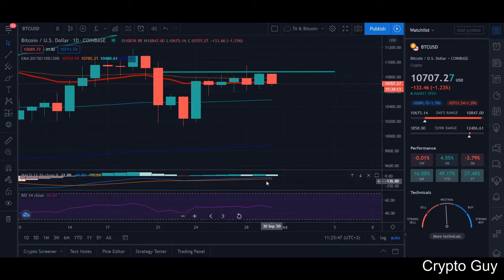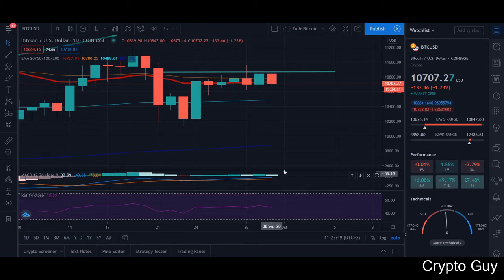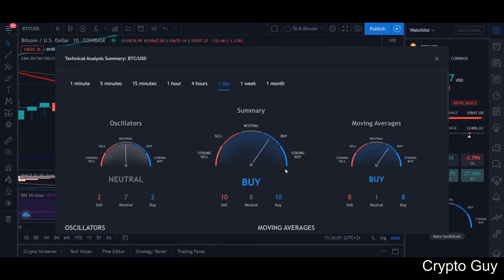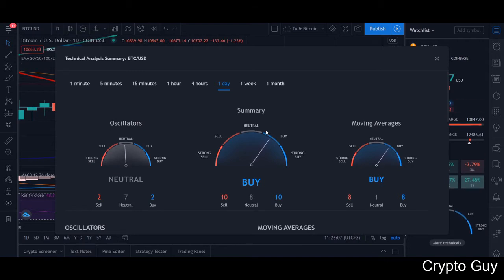As you can see, MACD is almost neutral. It can turn green, it can turn down and turn into red. RSI is in a neutral zone. We can see some more technical analysis here, like the buying oscillators are neutral at the moment. Somebody is buying because people are buying the dips, and this is very important. This is very good for Bitcoin at the moment.